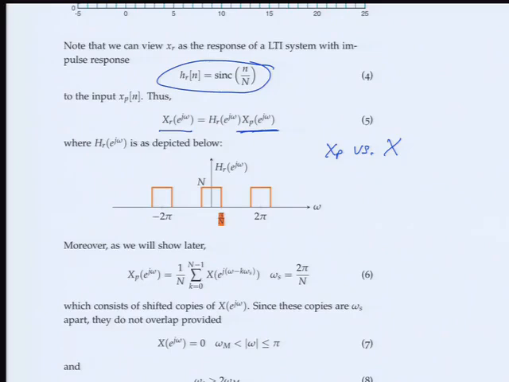And that happens if the bandwidth, which is this highest frequency here, omega_m, is smaller than omega_s over 2. So if you're band limited by omega_m, and if you sample with a frequency more than twice as much, then there will be no overlaps. And therefore, when you restrict yourself to this period of frequencies, it's going to look exactly like X, right?